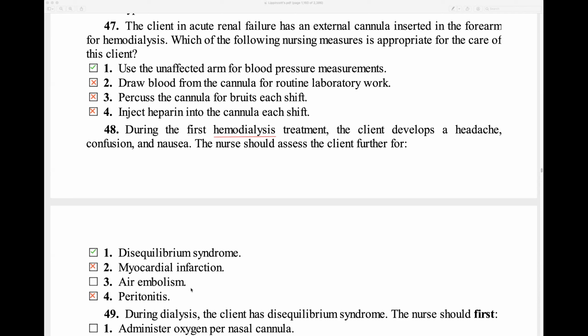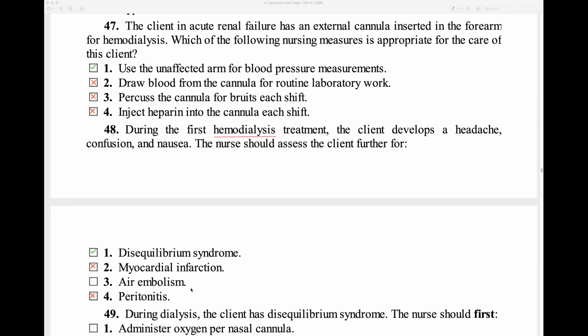Nothing in there says heart attack. Maybe nausea, right? Because sometimes women are nauseous when they're having a heart attack, but headache and confusion, if it said chest pain and shortness of breath and sweating and dizziness, then I could say maybe heart attack, right? But headache and confusion and nausea, that doesn't say heart attack.